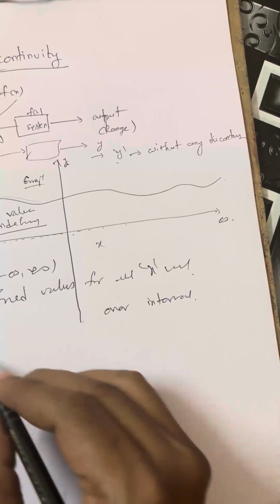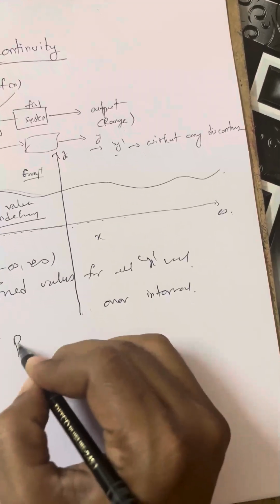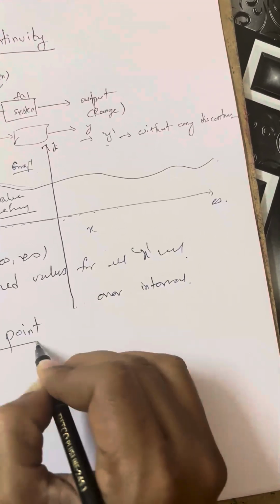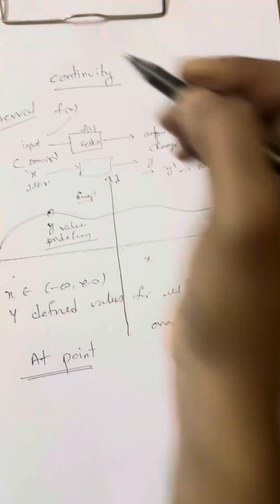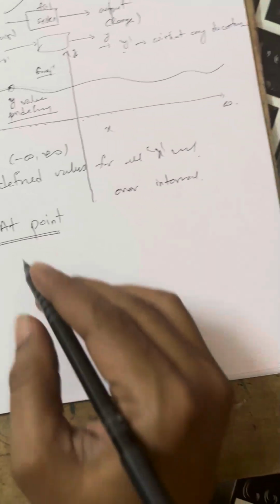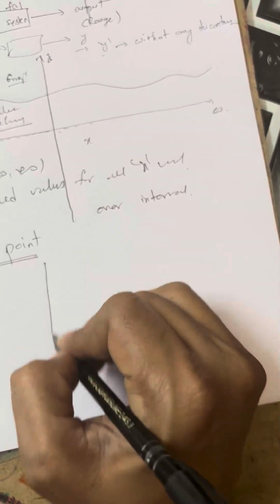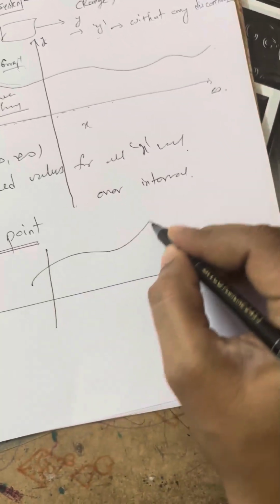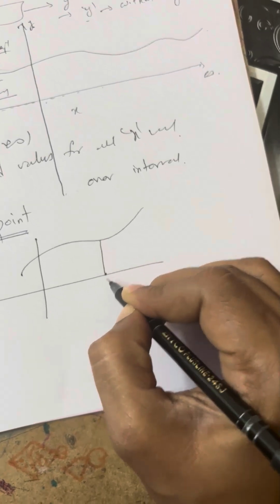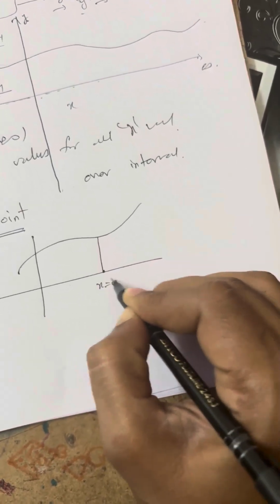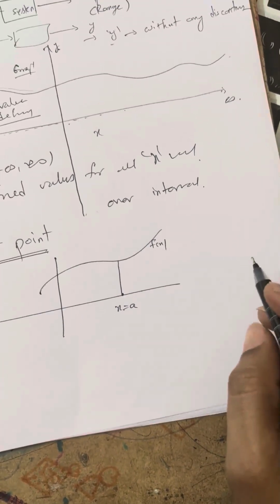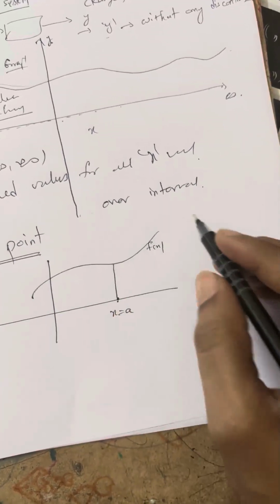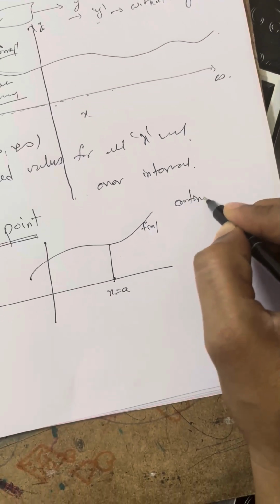Now, at a single point, if you want to know whether it is continuous or not, say we have a curve like this and you want to know at some point a whether this function f of x is continuous or not. So continuity is always relative.